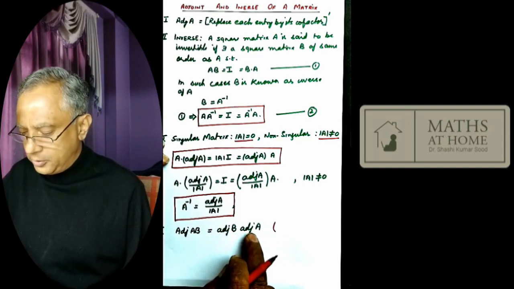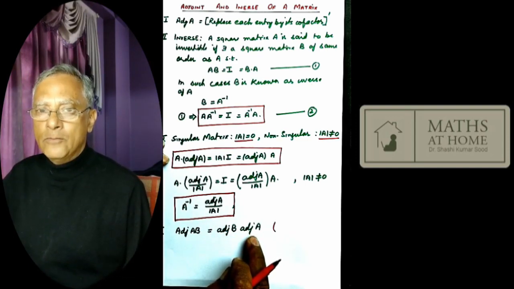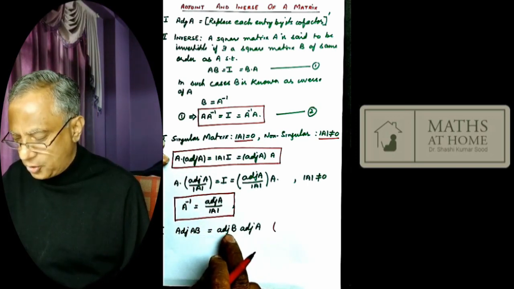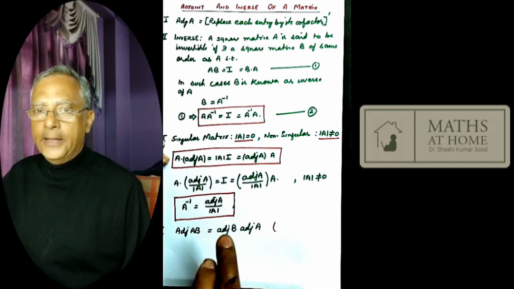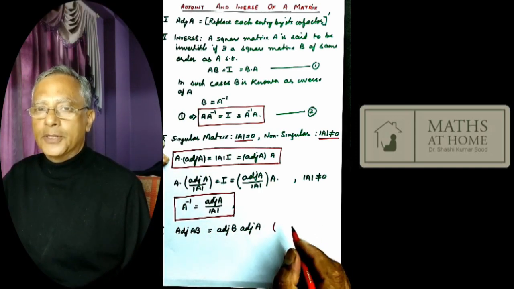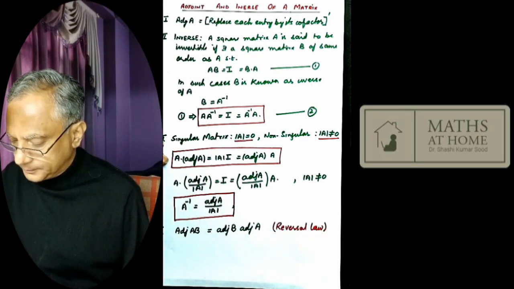Therefore, adjoint of B into adjoint of A is not equal to adjoint of A into adjoint of B. That is, the order of B and A is reversed. This is known as the reversal law.